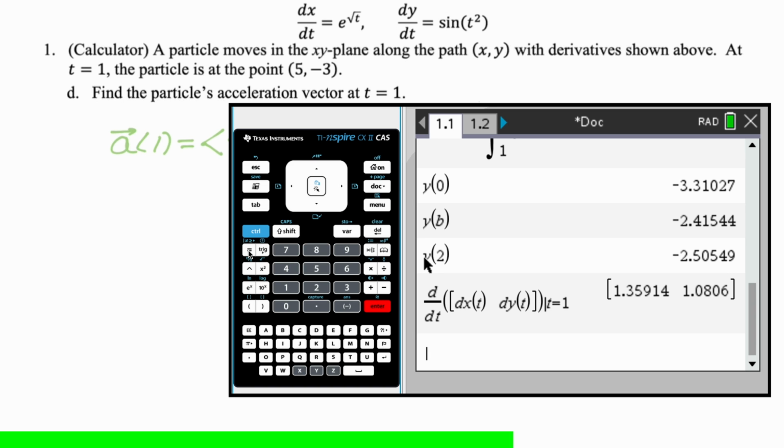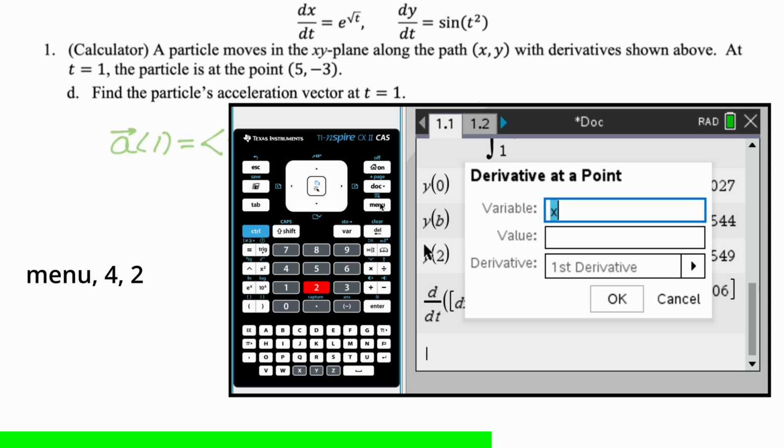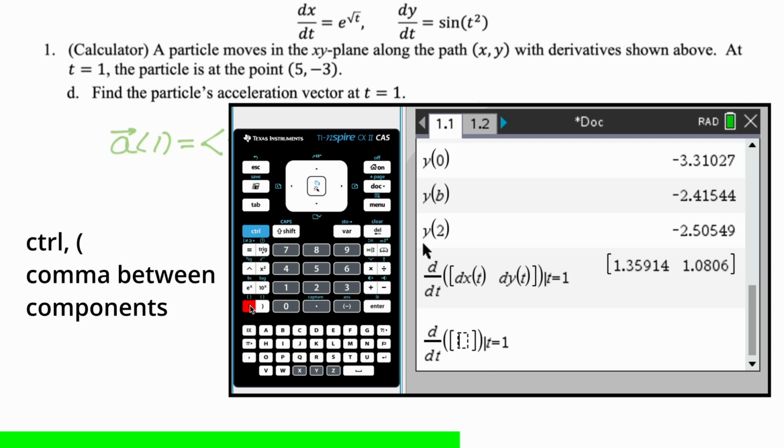Let me just really quickly show you a faster way to get to the derivative at a point. So it's menu, option 4 for calculus, option 2 for derivative at a point. I would say t is my variable, 1 is where I'm going to evaluate this thing. And then I would just put in my vector. So again, control, open parentheses, dx of t. I'm going to use a comma this time, and the calculator is just going to reformat it so that it works.